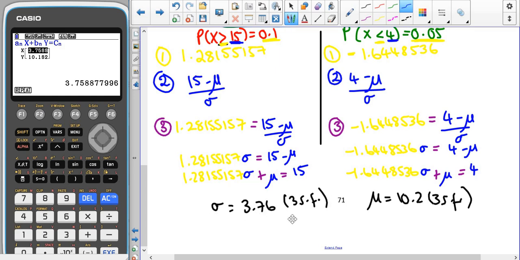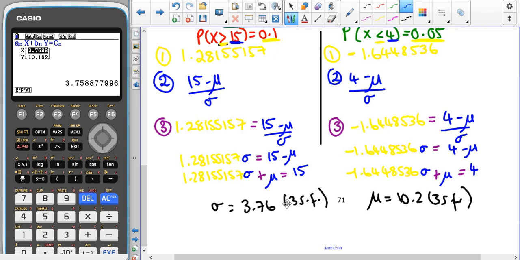And again, remember that your standard deviation can never be negative. So if you've ended up with a negative standard deviation, you've done something wrong. A way that you can check that your mean is realistic is it roughly around the values that you've been given for your x's? So here we've got 10.2.